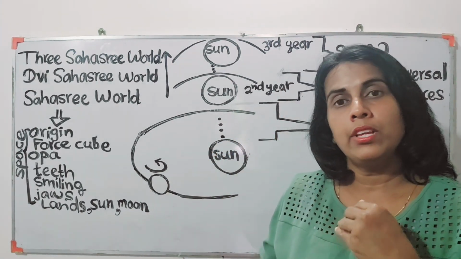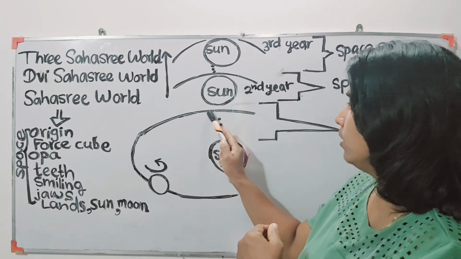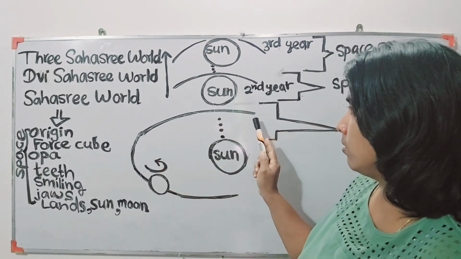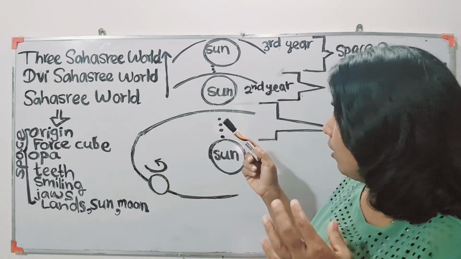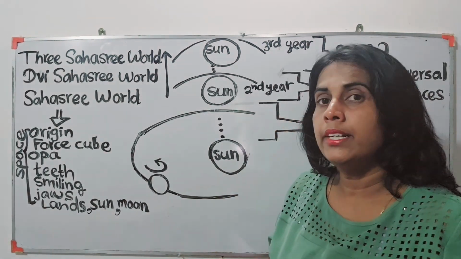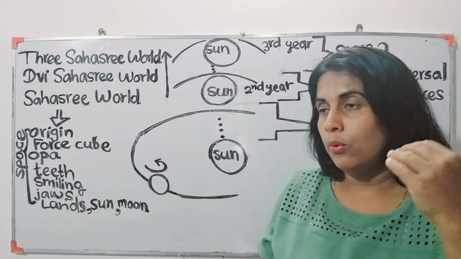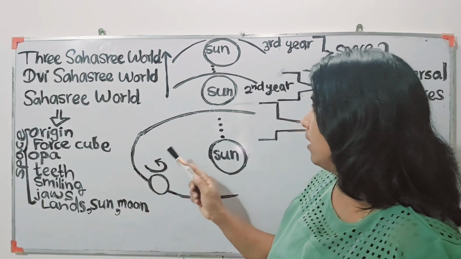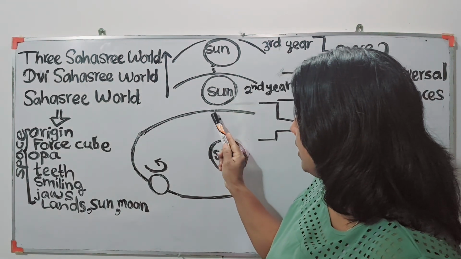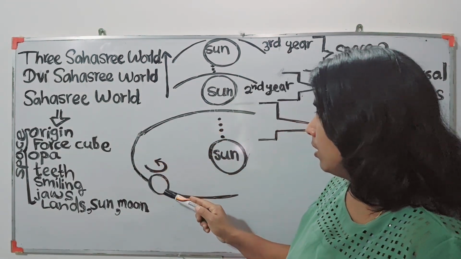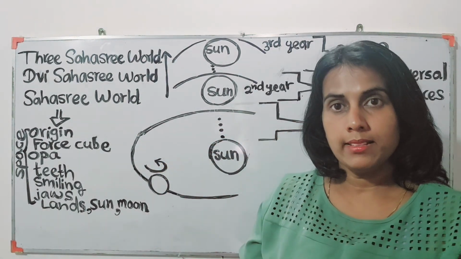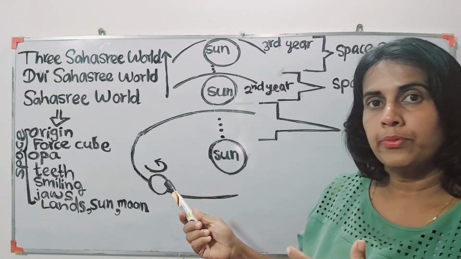And why are we growing older when the earth rotates around the sun? Because our human brain also contains the whole universal sciences, and when it is rotating, the human brain makes the earth rotate.